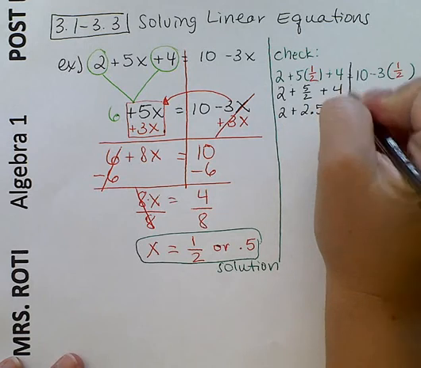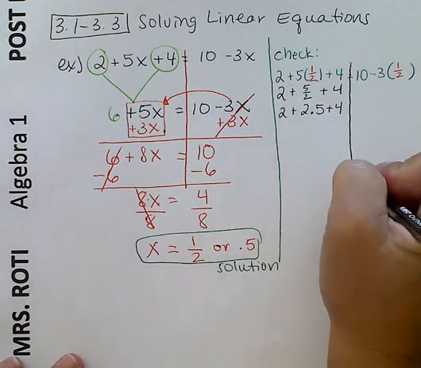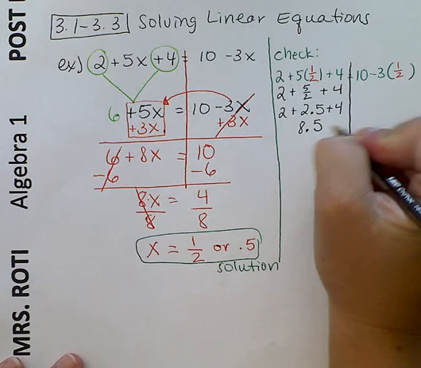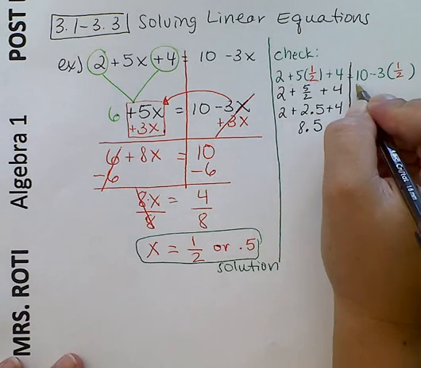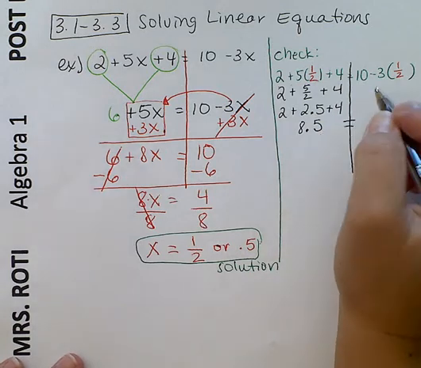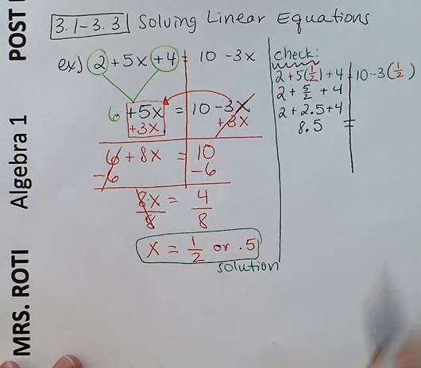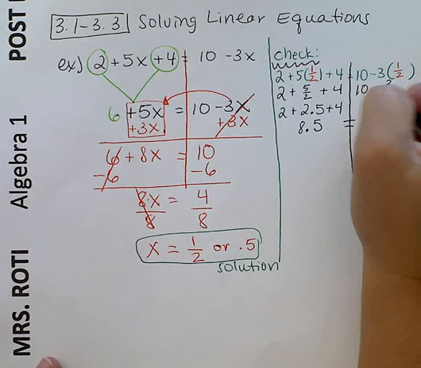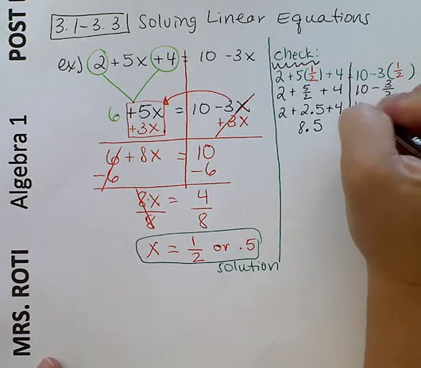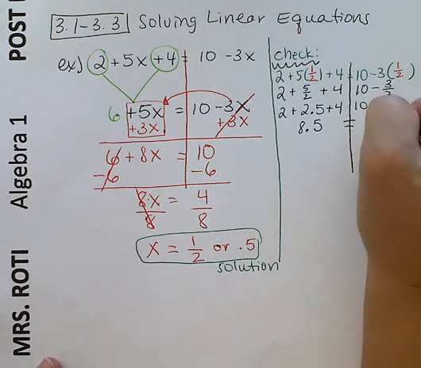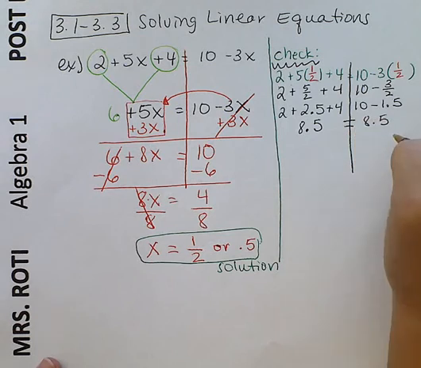Notice that I'm staying on the left side of the equation to get my final answer of 8.5. And I'm going to check if that's equal to the other side. 10 minus 3/2 is the same as 10 minus 1.5, which is 8.5, and so I know that it checks out, and I'm correct.